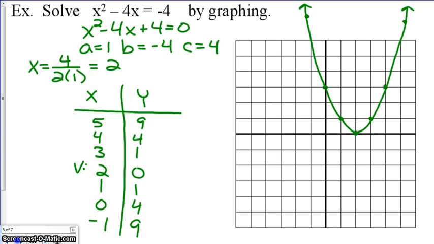Now, when we look at our graph, we intersect the x-axis at only 1 point. So our point of intersection is right here. So our solution is the point (2, 0). One solution for this graph.